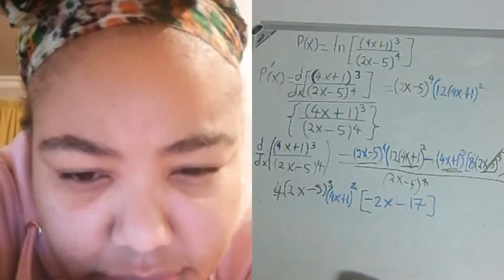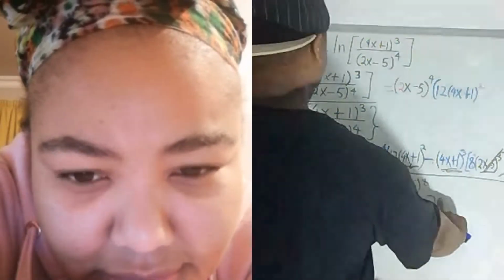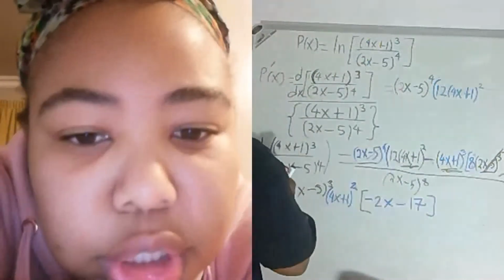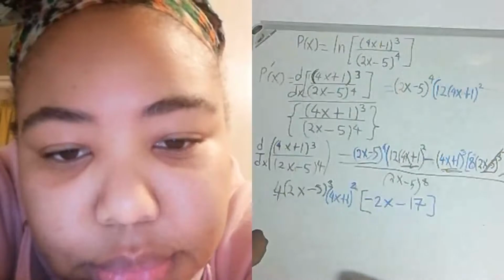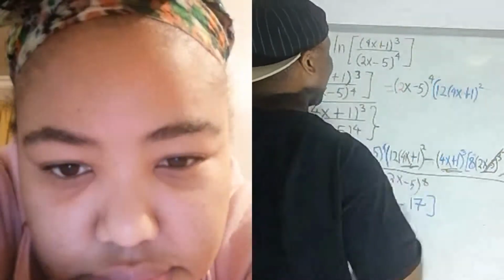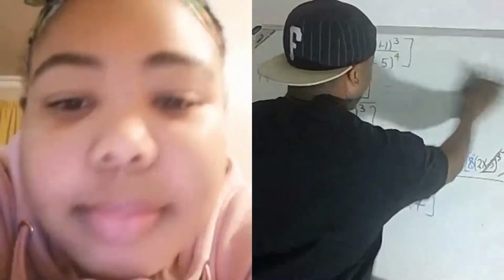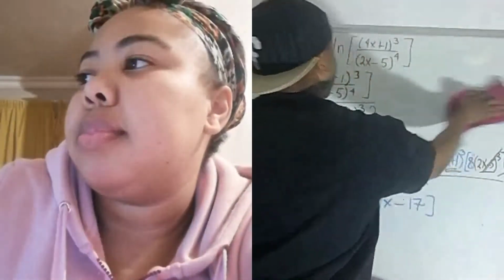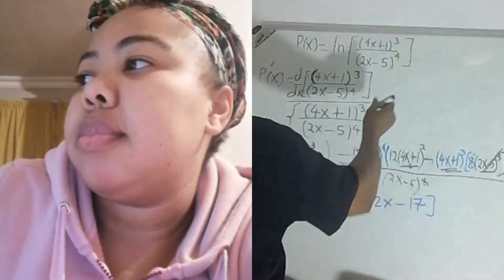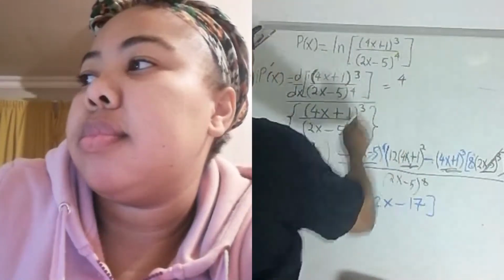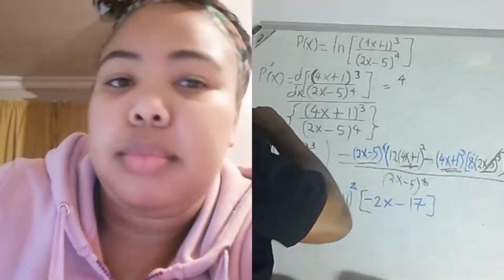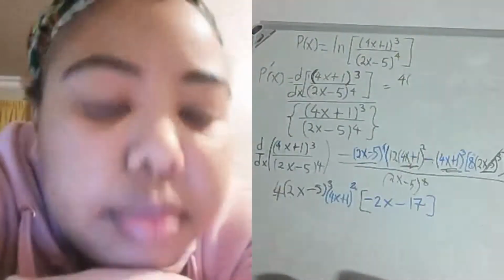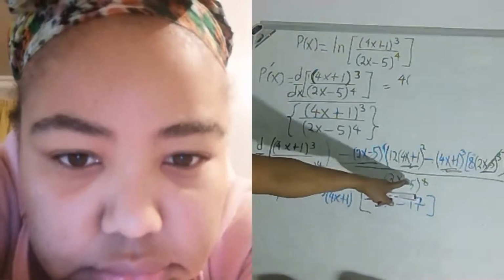So what we're going to do, we're going to take all this stuff and plug it to the top, because we did the top. So let's come and plug it to the top. So the top is going to be equal to 4. Wait, we did not divide here, forgot.